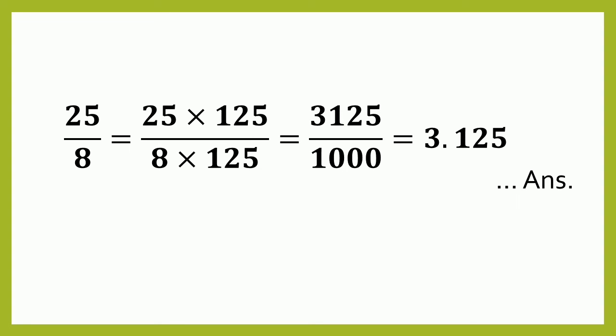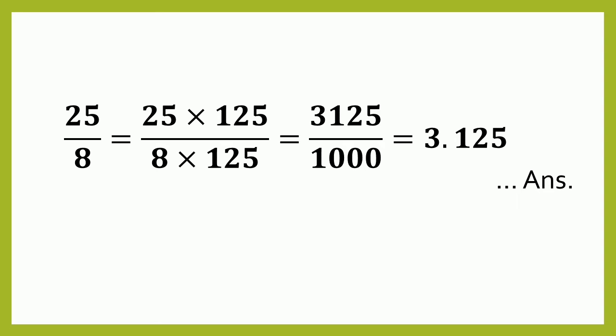Now we will convert this fraction into a decimal fraction. Again by using this rule, in the numerator there are 4 digits and in the denominator there are 3 zeros. So we count 3 places from the right. So we can put the point in between 3 and 1. So our answer is 3.125.